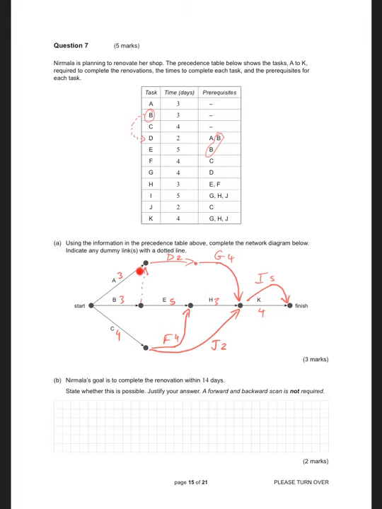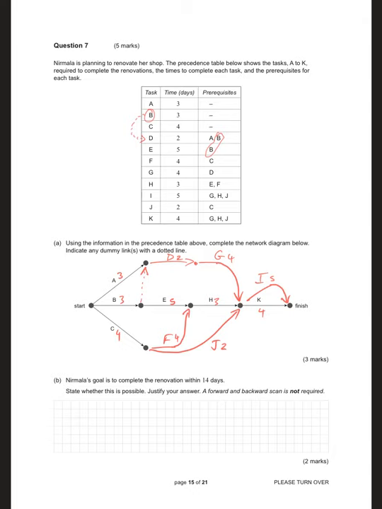So 3, 4, 5, 9, 9 plus 5, 9 plus 5 is 14, 3, 8, 11, 13, 14, 15, 4, 8. So the longest path is already 15.